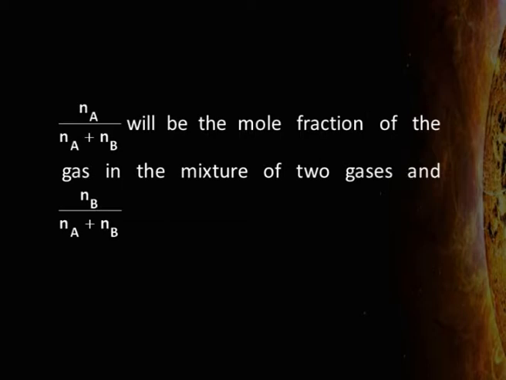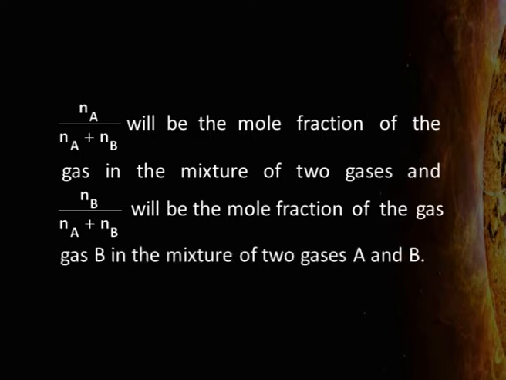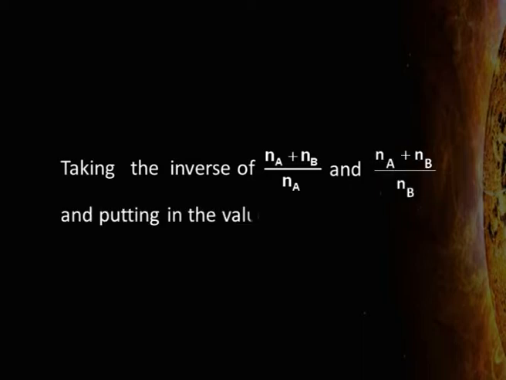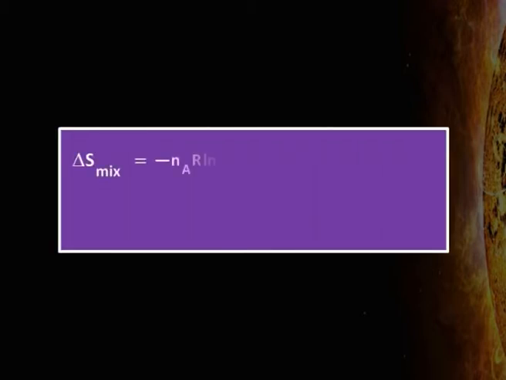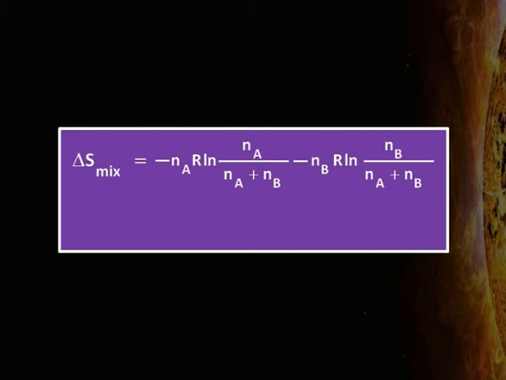Now, you know that Na upon Na plus Nb will be the mole fraction of gas A in the mixture of two gases, and Nb upon Na plus Nb will be the mole fraction of gas B in the mixture of two gases A and B. Therefore, taking the inverse of (Na plus Nb) divided by Na and (Na plus Nb) divided by Nb and putting in the value, we will get delta S mixing equal to minus Na R natural log Na upon Na plus Nb minus Nb R natural log Nb upon Na plus Nb, which is equal to minus Na R natural log Xa minus Nb R natural log Xb.